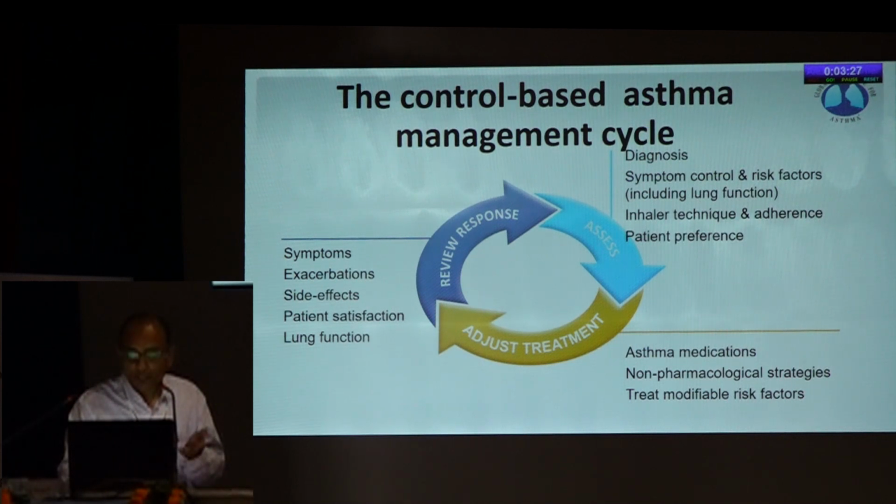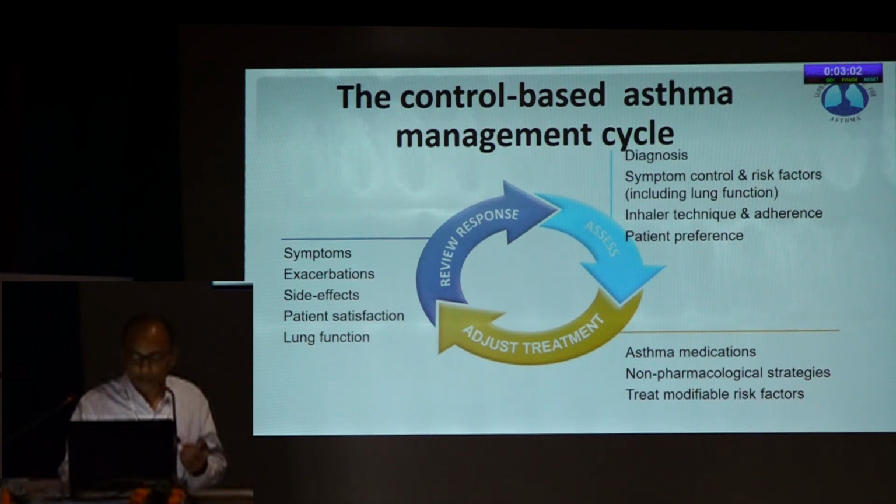So if you look at this control-based asthma management cycle, when you assess, you have to look at diagnosis, the symptom control and risk factors as we have just seen, inhaler technique, adherence, and the patient preference. After this, the patient goes, and the next time, you have to adjust treatment depending on the control: the asthma medication, non-pharmacological strategies, treat modifiable risk factors, and then you have to review response in terms of symptoms, exacerbations, side effects, and patient satisfaction.